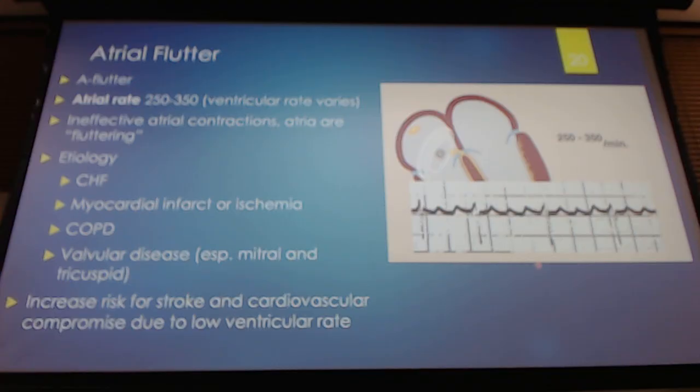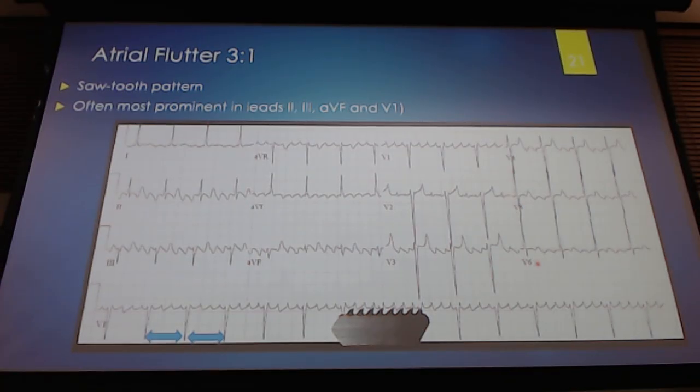Sometimes it allows those depolarizations to come through at irregular rates. But for this, we're talking about a regular rate, so it's a narrow complex regular tachycardia. But the problem is when you look at your R waves, your ventricular rate is not going to be elevated in the majority of these patients.